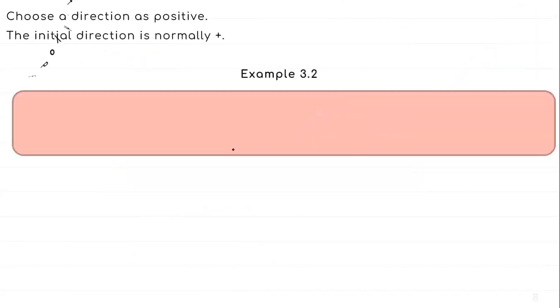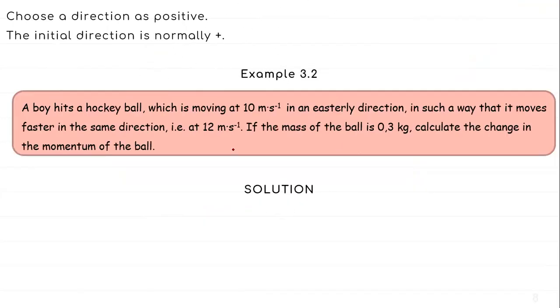Then here we have a situation. A boy hits a hockey ball, which is moving at 10 meters per second in an easterly direction. Now I will show you the importance of easterly.